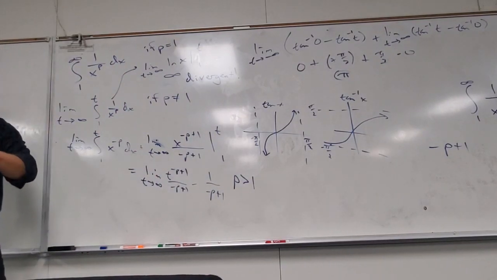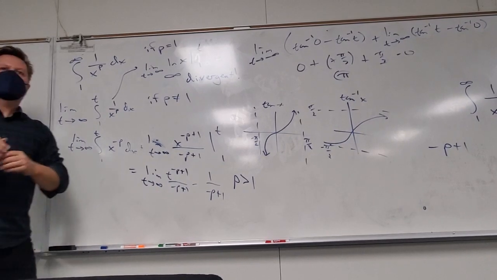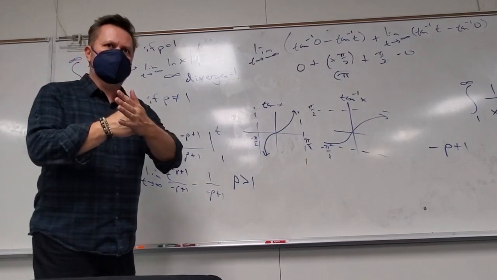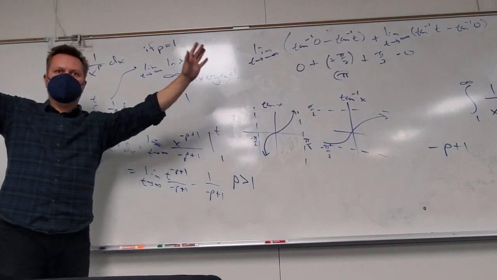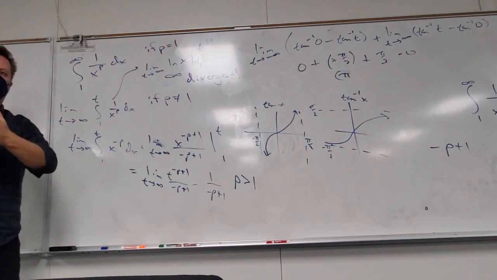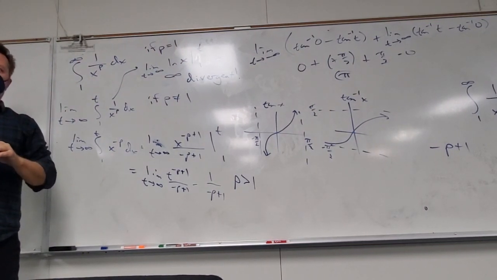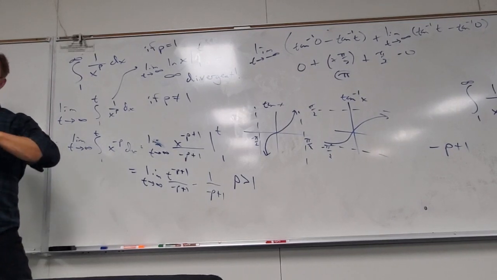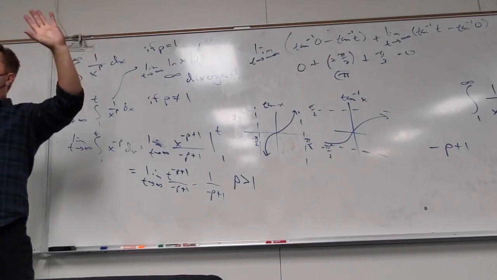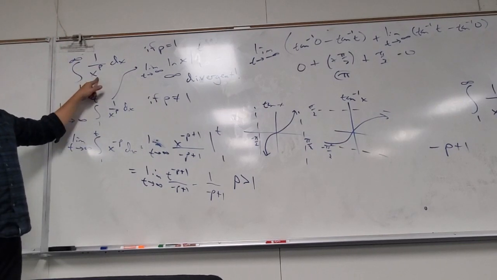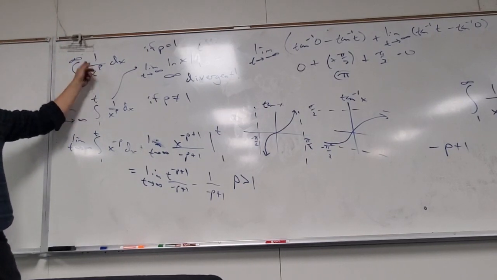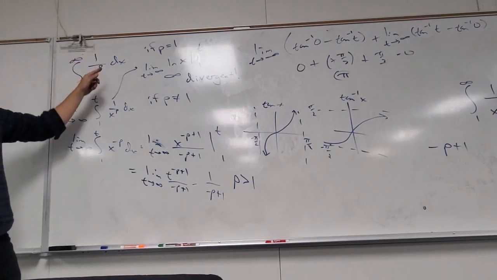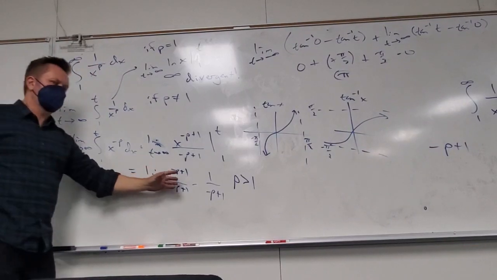I'm sorry, what do you mean by converge and diverge? Converge means become finite. Diverge means to go to infinity, or to at least not become some finite number. This idea of divergence and convergence is going to be huge in chapter 11, and we're actually going to see this make a huge comeback. It's going to become a very important result, so I really want this to make sense.